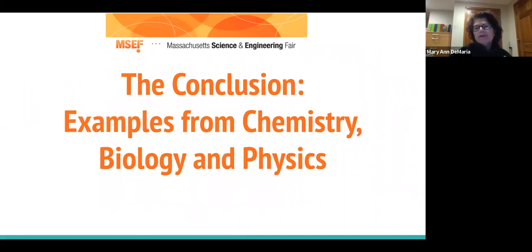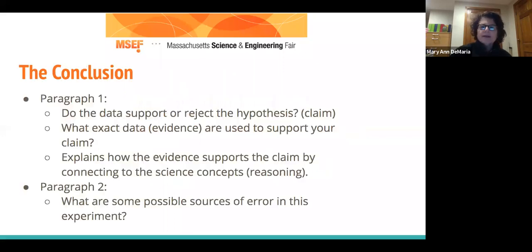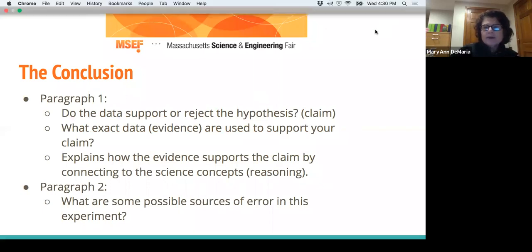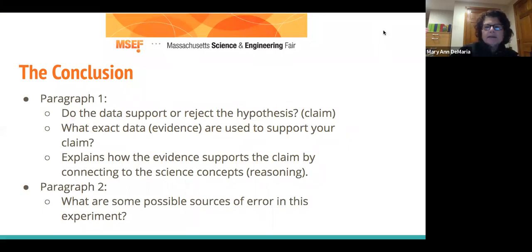All right, so now the conclusion. The conclusion is very simplified here. In paragraph 1 of a conclusion, I have them state whether the data support or reject the hypothesis. That's their claim, so now we're connecting to claim, evidence, and reasoning.